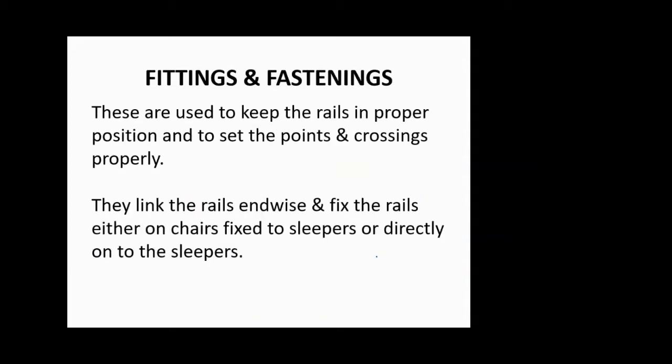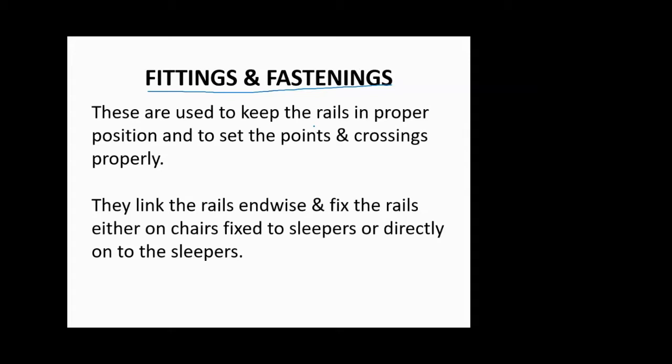The last component in the permanent way that we will be seeing is the fittings and fastenings. Now, repeatedly I have told you that your rails are not just placed on the sleepers, but they are fixed to the sleepers. That fixing component is what we'll be seeing in this section, the fittings and fastenings.